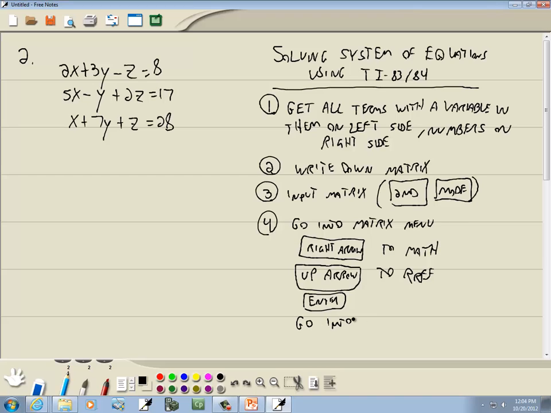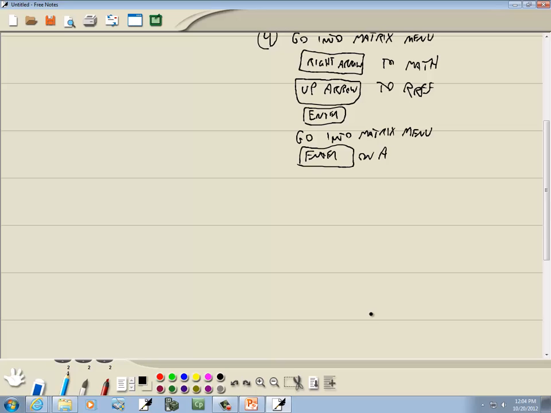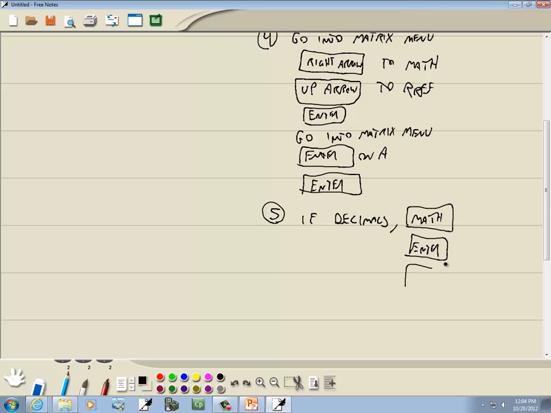Then we'll go into our matrix menu again. Enter on A. And enter again. And then if there's decimals, then you do math, enter, enter.